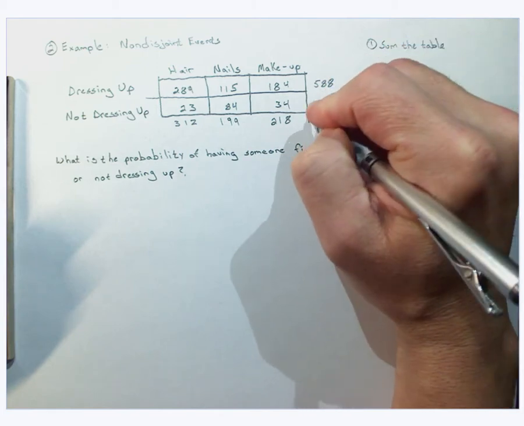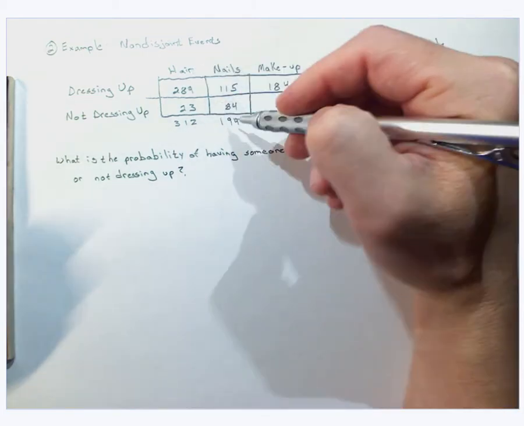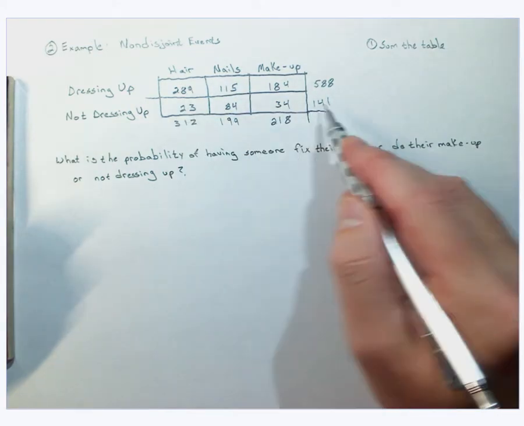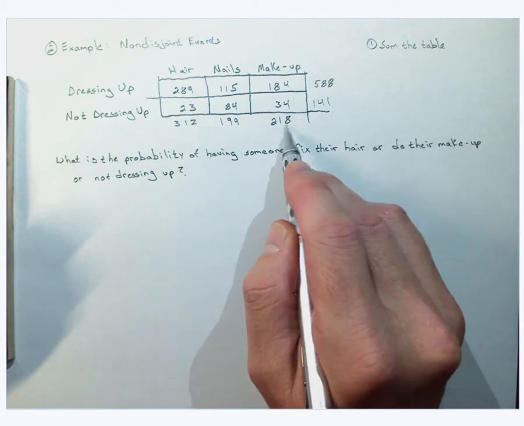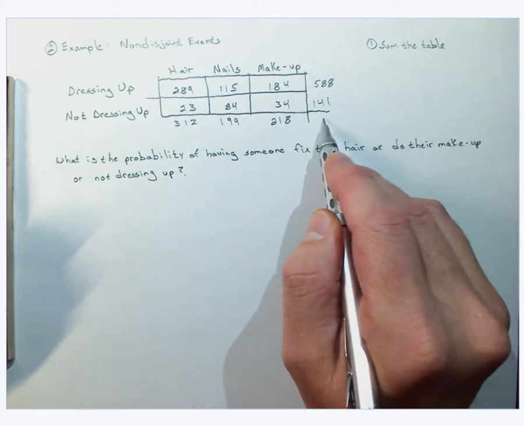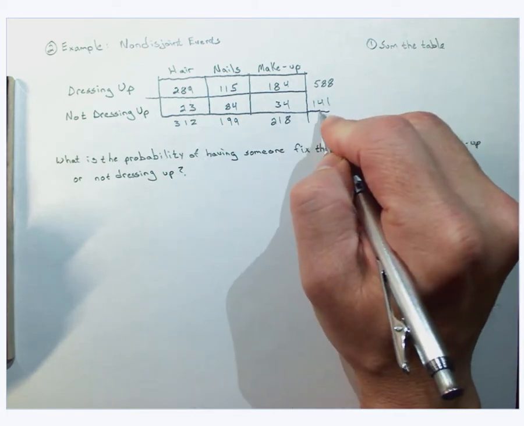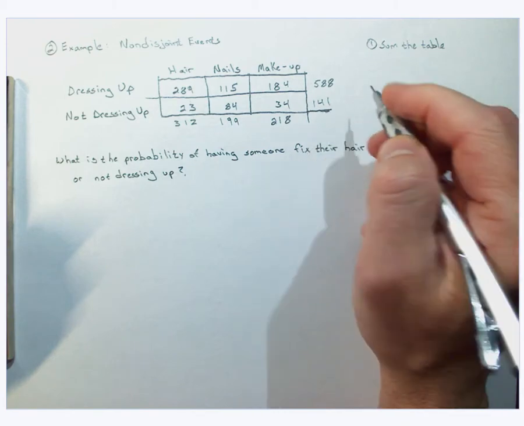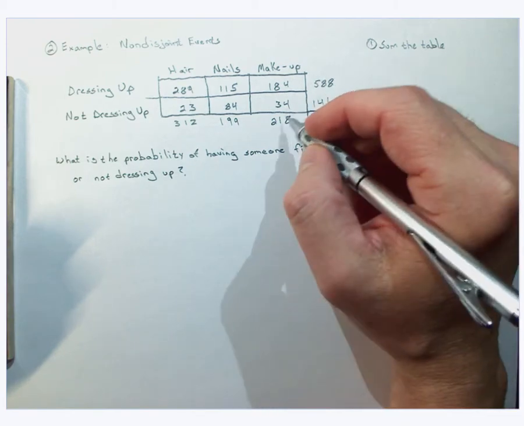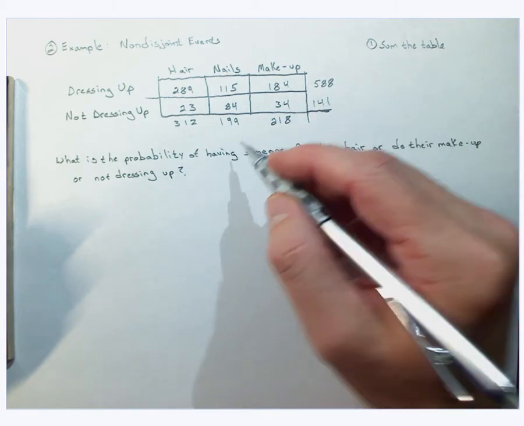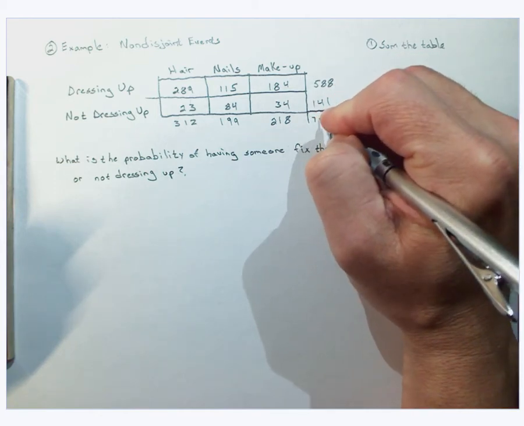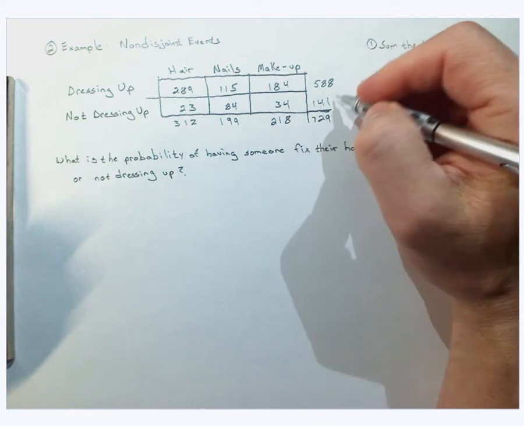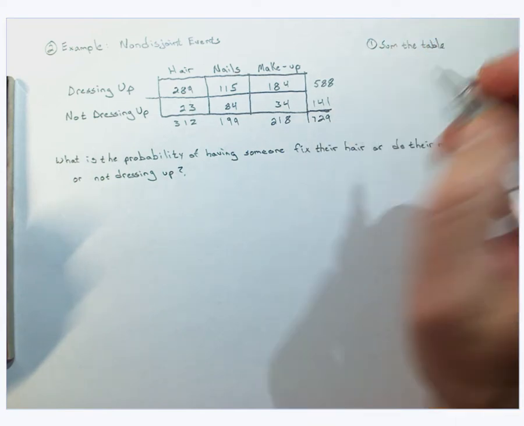Okay, so I've added up my columns and then I added up my rows. Now I'm going to add these two numbers together and then add these numbers together, and I should get the same answer. Kind of like cross checking, double checking. So 218, 3, 729, and then 912. Okay, I got the same answer.